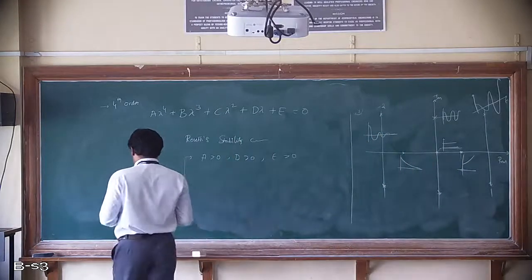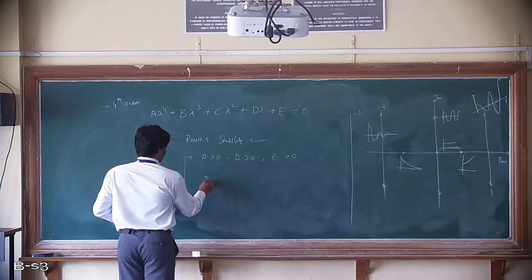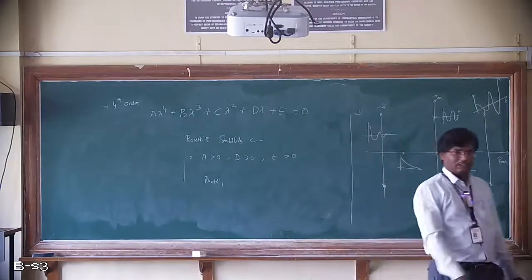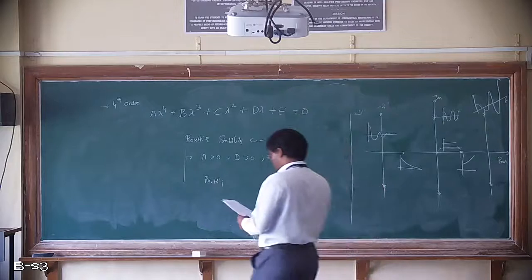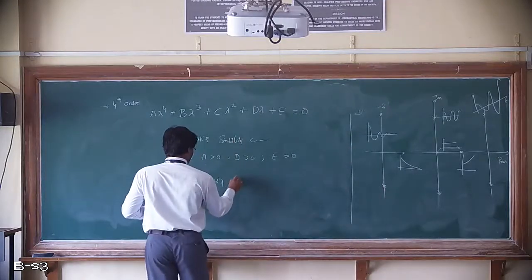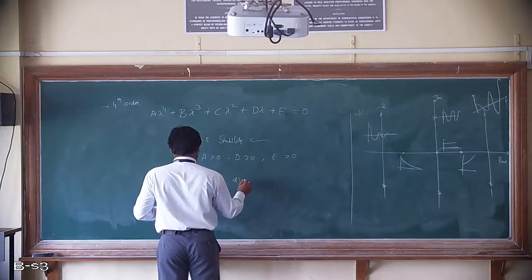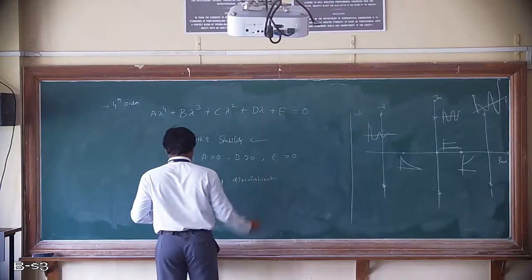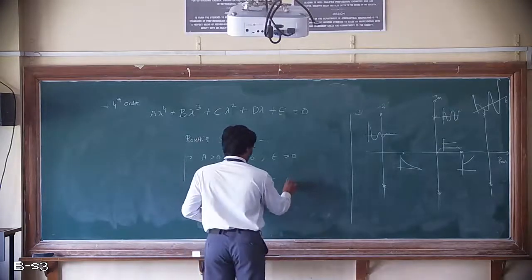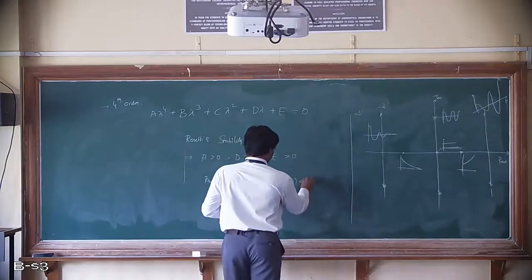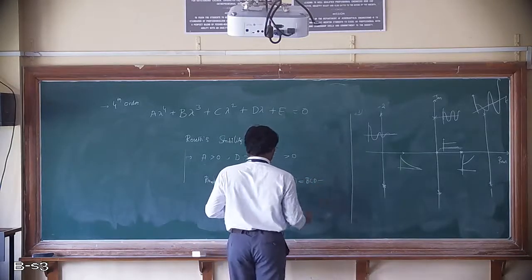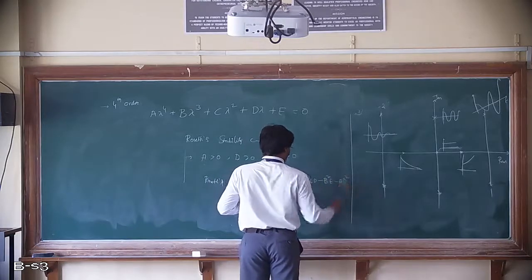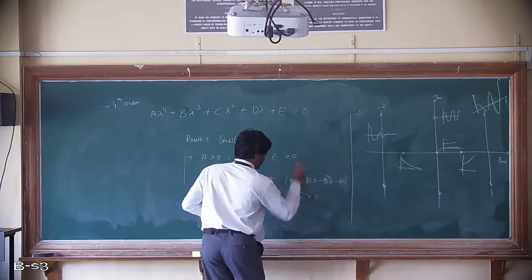And the second condition is the Routh discriminant. You will derive these things from the roots only. Anyway, just the Routh discriminant. That is, you are getting R, which is equal to BCD minus B square E minus AD square. It should be greater than 0.